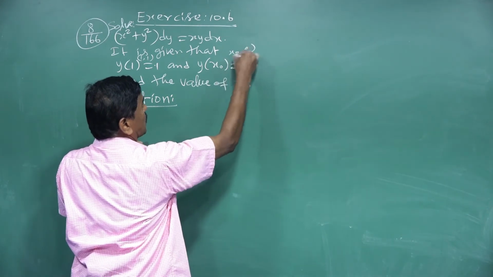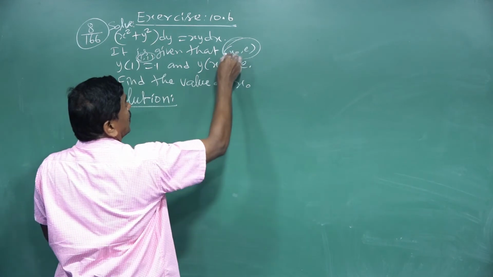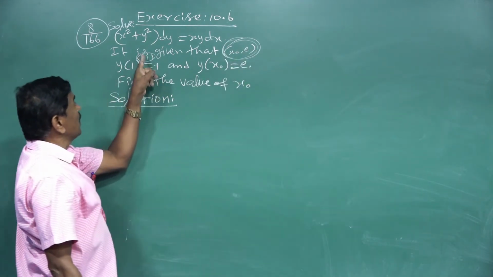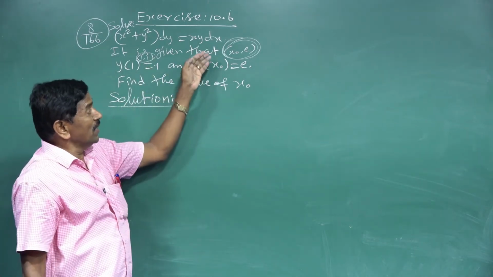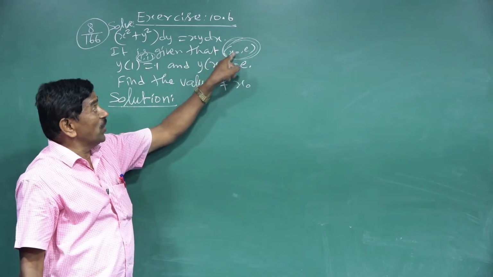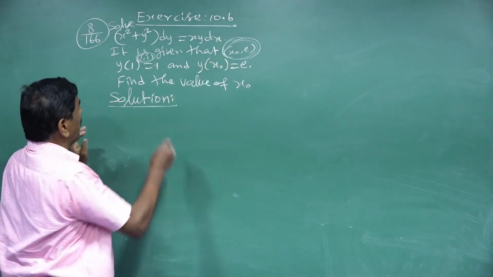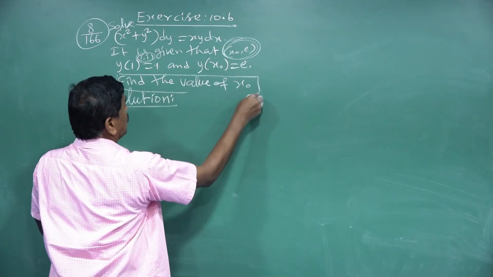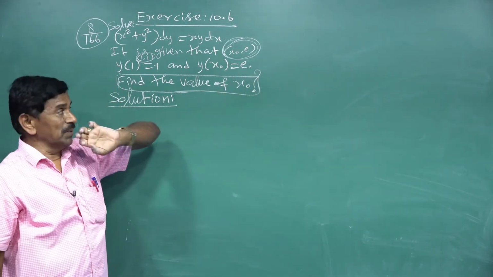So that is the technique: put x equal to 1, y equal to 1, and then in the second stage put x equal to x naught and y equal to e. Then find the x naught value. We are asked to find x naught equal to something.